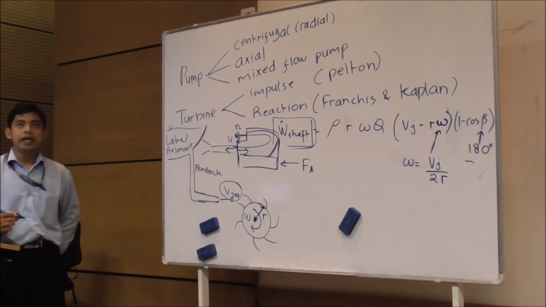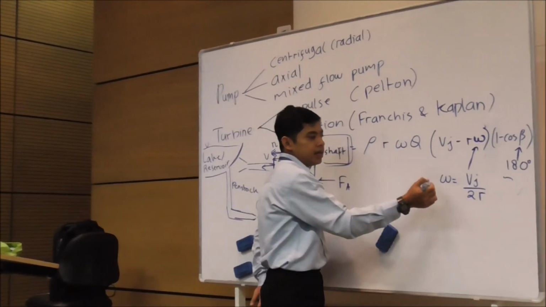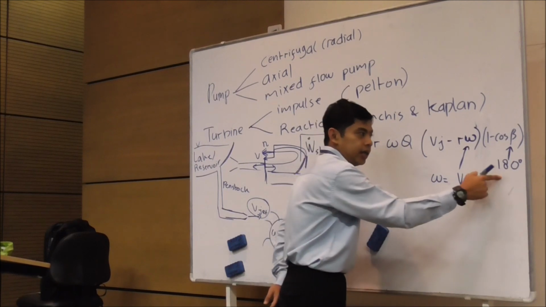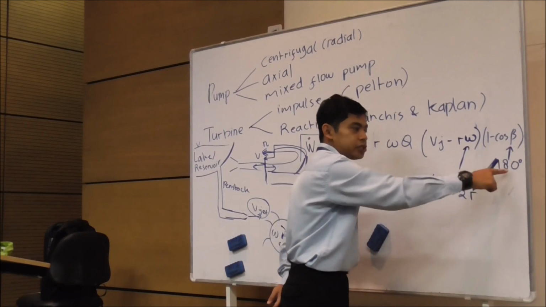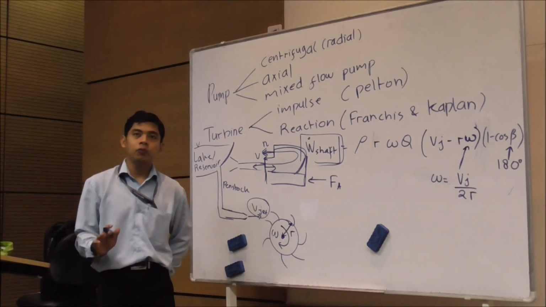So you will get the maximum power when you set omega equal to phi jet over 2r and beta as close as possible to 180. That is the only way you can get it.